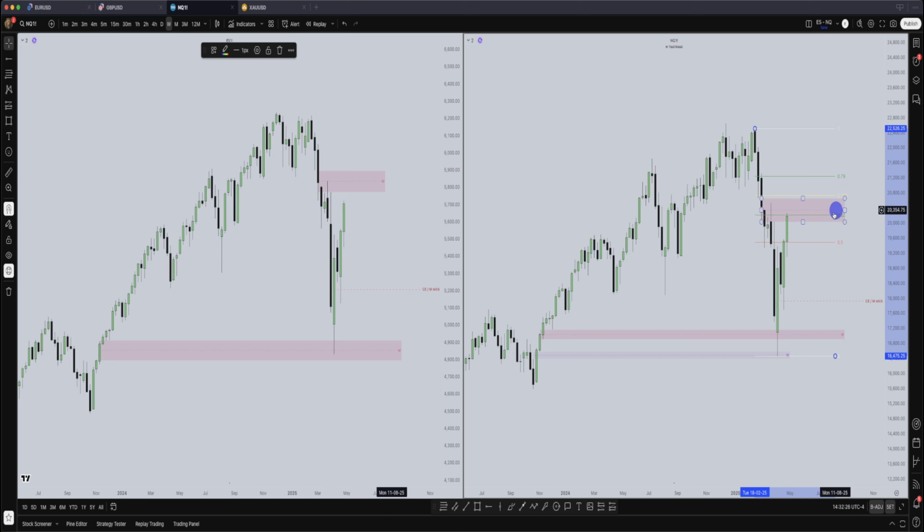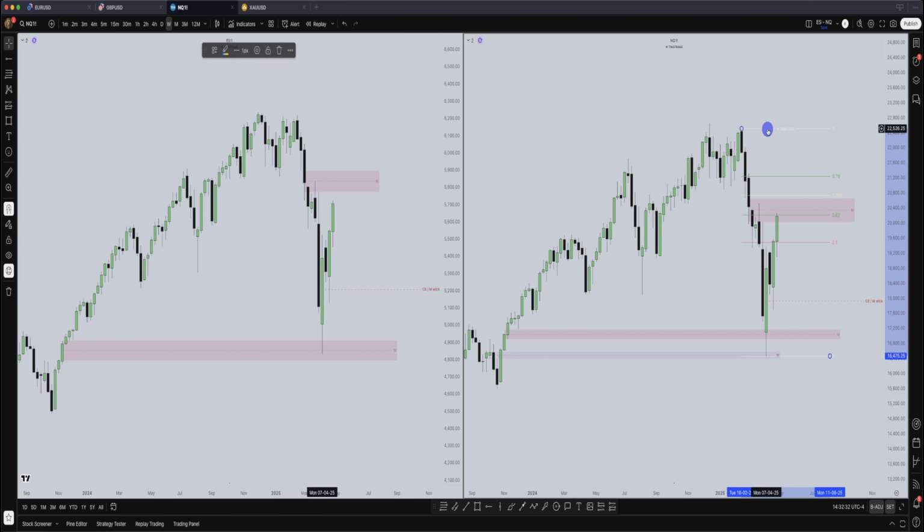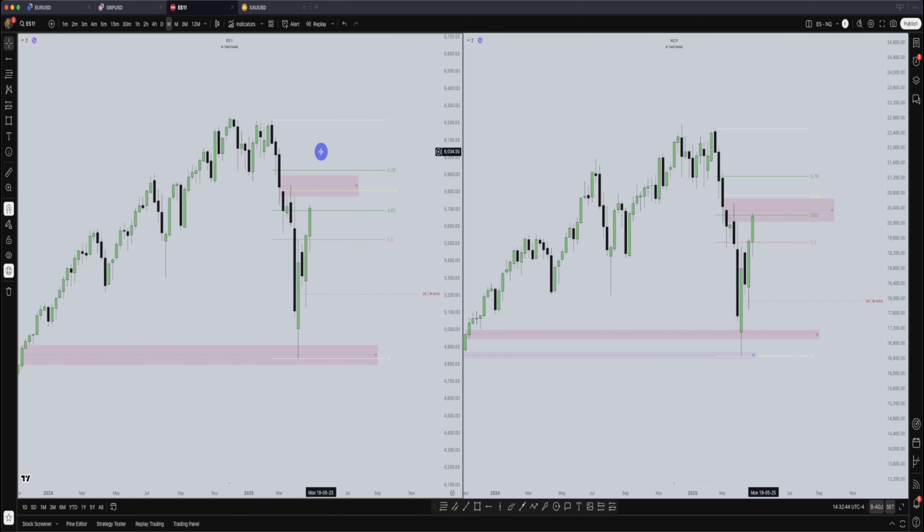It's visiting the monthly fair value gap. The same here. Price went all this way down, and now it's retracing to the premium area, where we can have in mind levels like this.